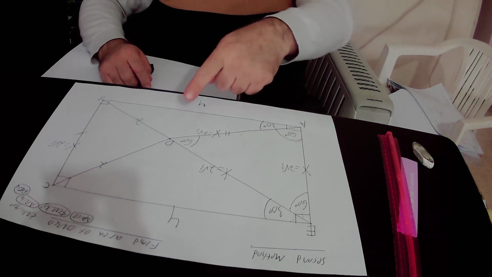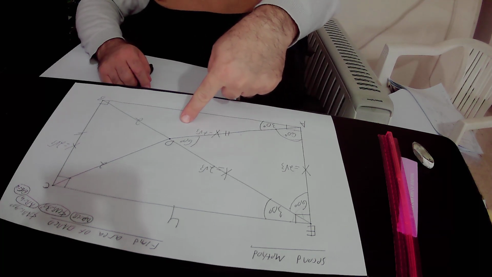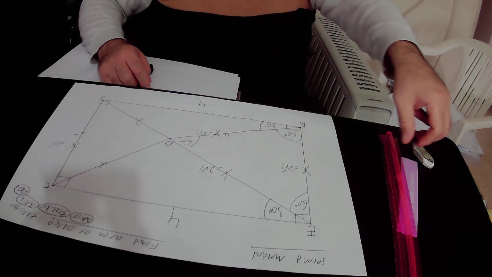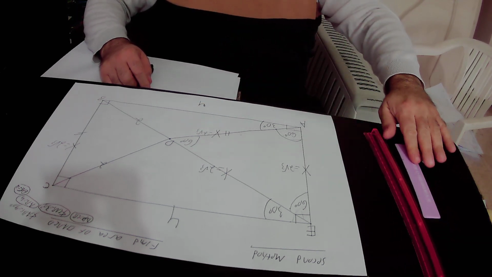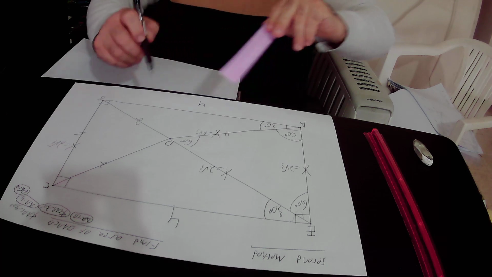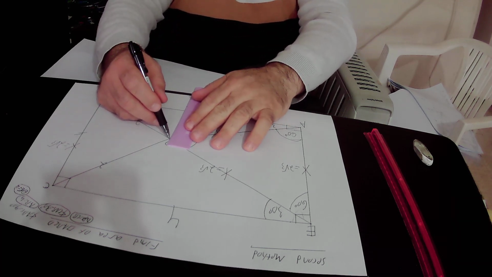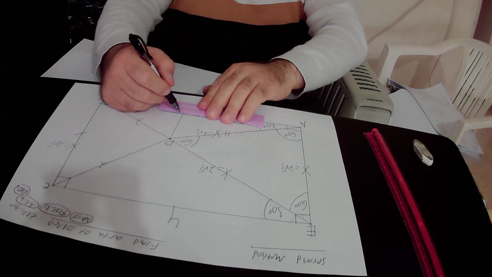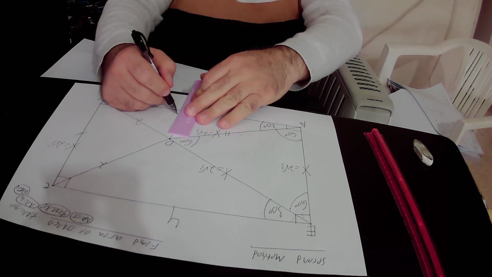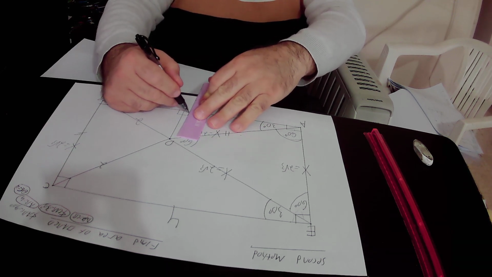Here we find out the height of this triangle. We will draw from point D a perpendicular to the base AB. So those two angles will be equal to 90 degrees.